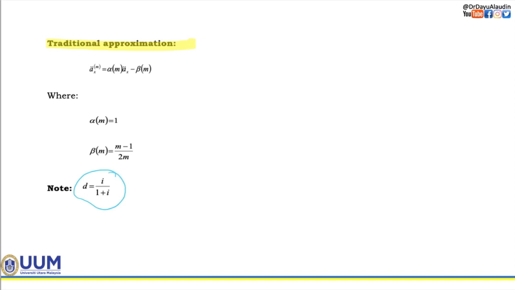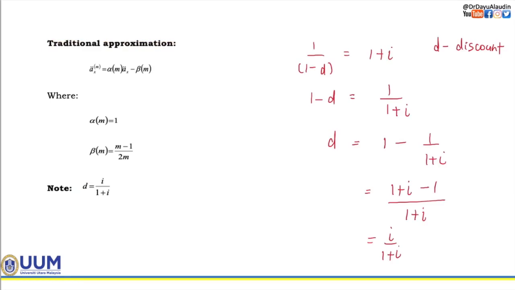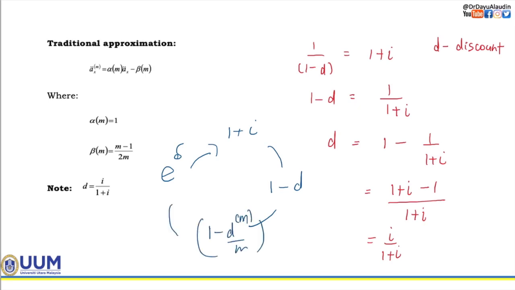So how do we get this one? This is the relationship that we covered in chapter 3, where I showed you e to the delta, how to convert in terms of i, how to convert in terms of discount, and the discount for m and the interest for m payments.